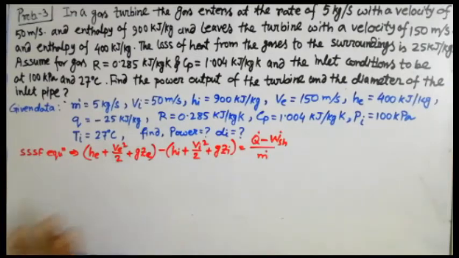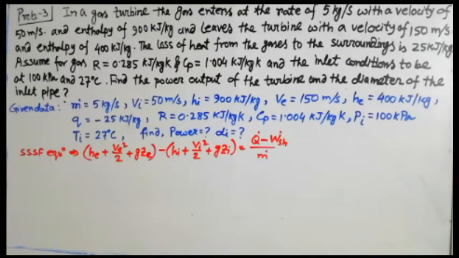Now if we consider again SFEE, because it is also a flow process and a steady process, we can consider the steady state steady flow equation. But every time we derived that equation for a turbine, we considered the process isentropic, with no heat transfer in or out of the turbine.